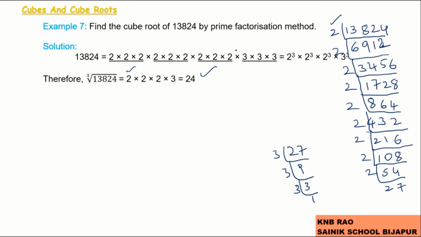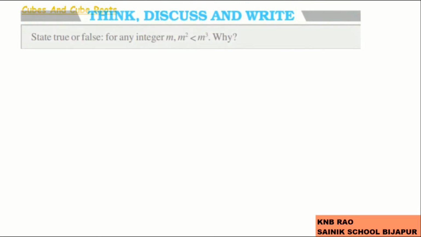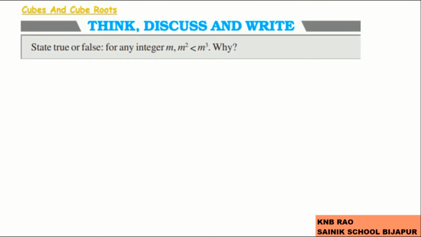Then I gave you a statement yesterday to think, discuss and write about. We have to decide whether it is true or not: for any integer m, m square is less than m cube. Is it true or false? How many of you say it is true?